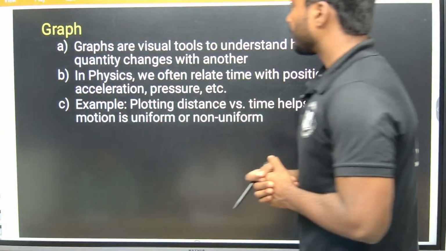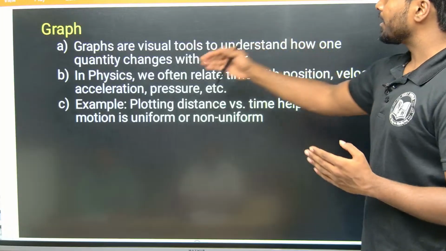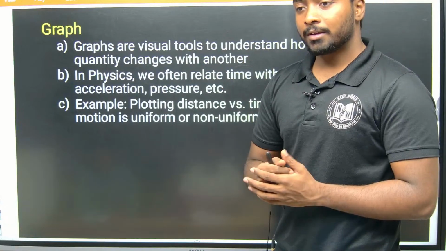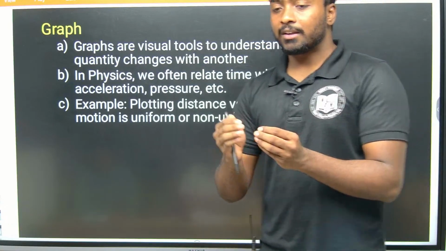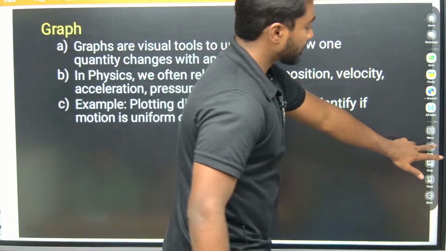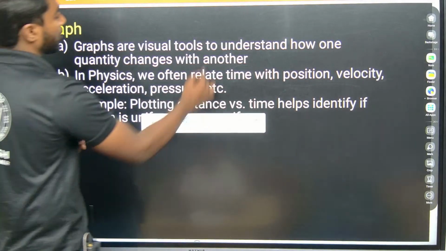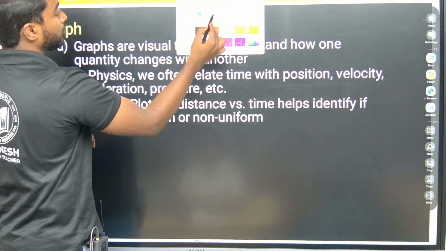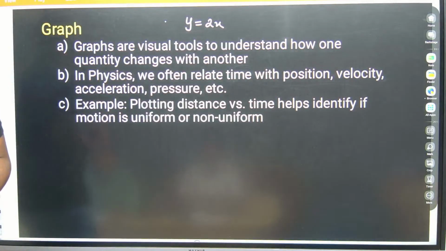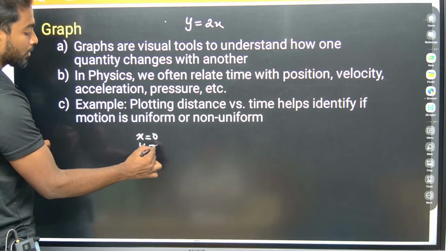Graphs are visual tools to understand how one quantity changes with another quantity. If x changes, y changes. For example, let me take an equation, y equals 2x. If x equals 0, y equals 0.